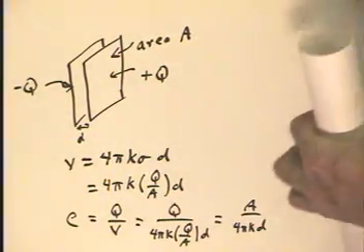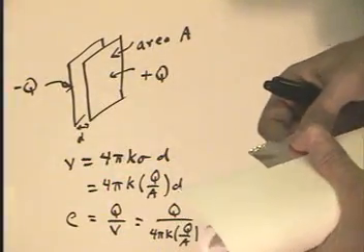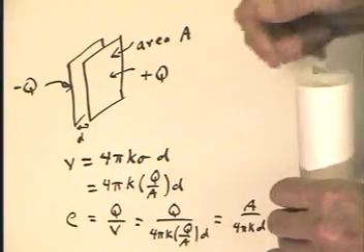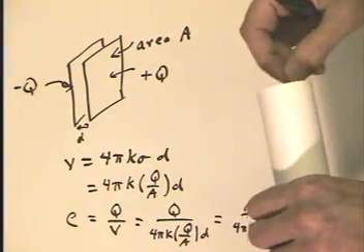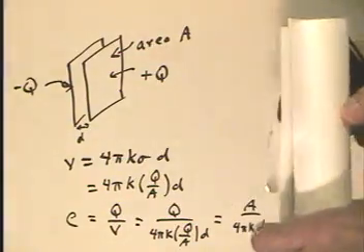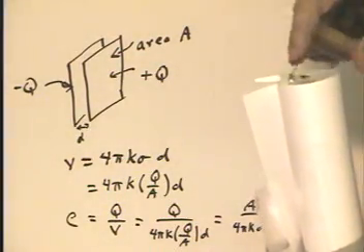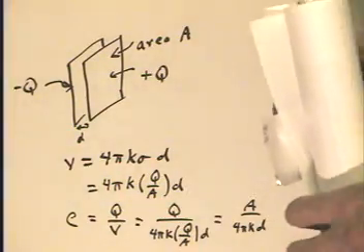Here's one end of the foil sticking up right here. Here's the other end of the foil sticking out here. I could put a lead here and a lead here on the foil. See if we can get that foil to stick out a little bit. There's a tab. So I could put a lead here on this tab and a lead here on this tab, and I'd have a parallel plate capacitor.